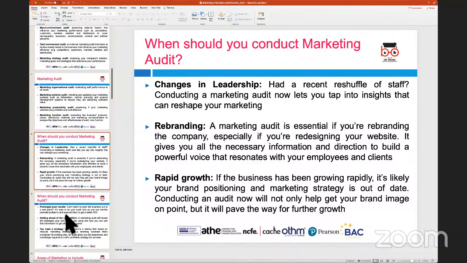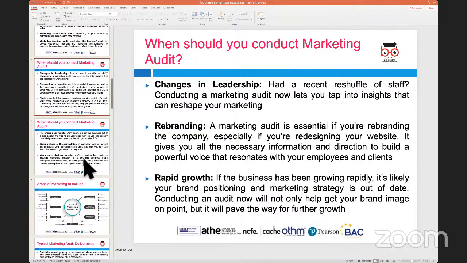And in those cases, because the company is experiencing, say, for example, rapid growth, they would look at rebranding essentially, with regards to changing some of the communication that they have to do.